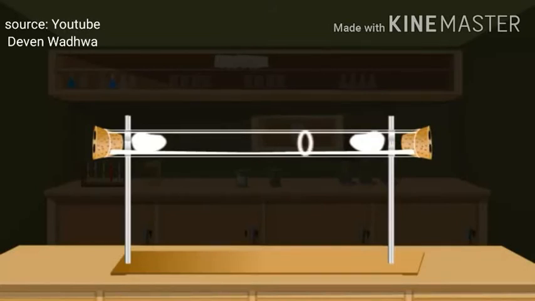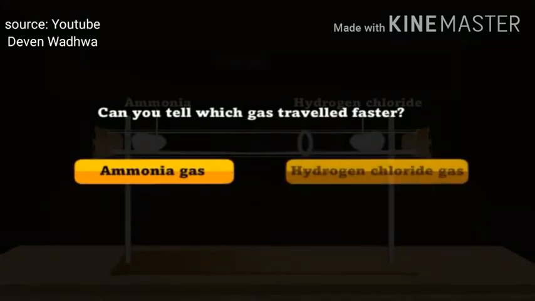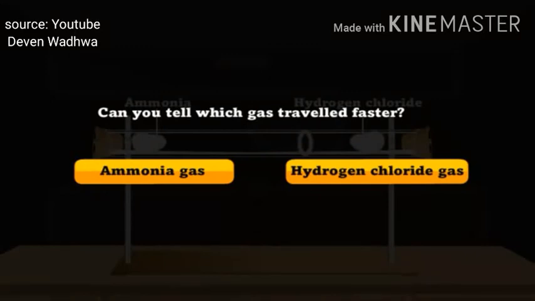This white ring is in fact a dense white solid formed by the diffusion of two gases, ammonia and hydrogen chloride. Did you notice that the white ring is formed closer to the hydrogen chloride end? So can you tell which gas traveled faster? Is it ammonia gas or is it the hydrogen chloride gas? That's true, it's ammonia gas.